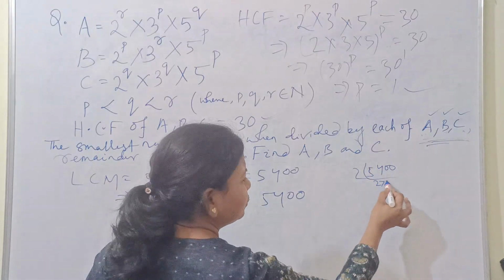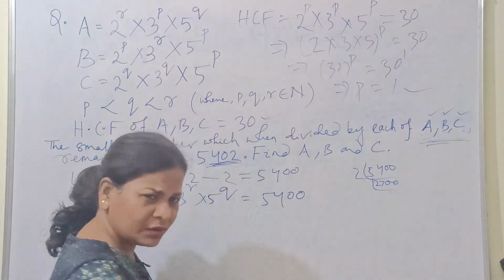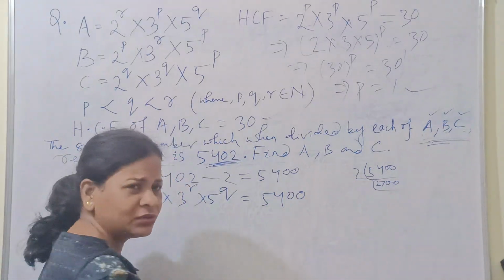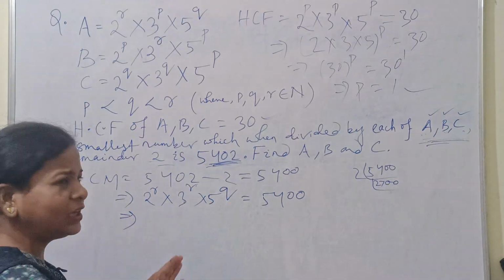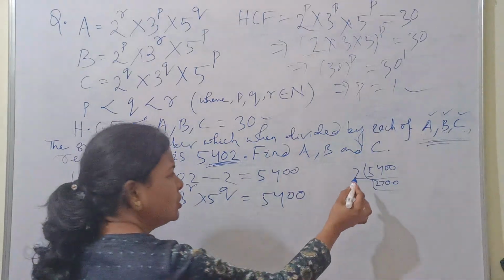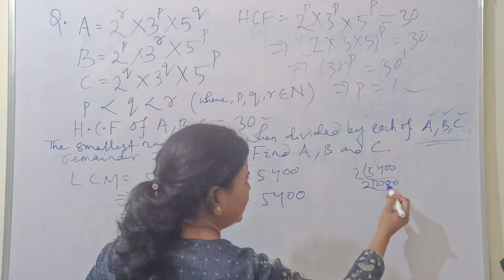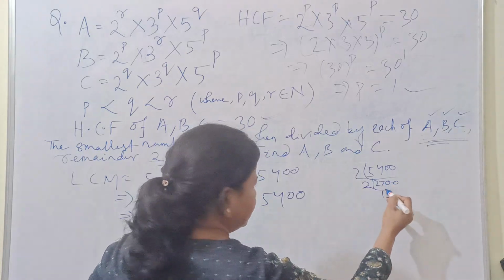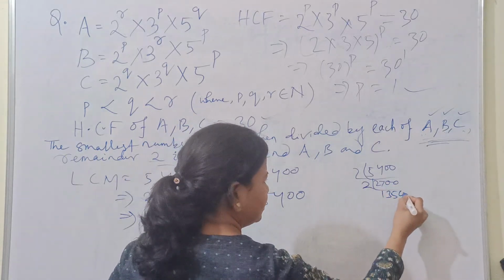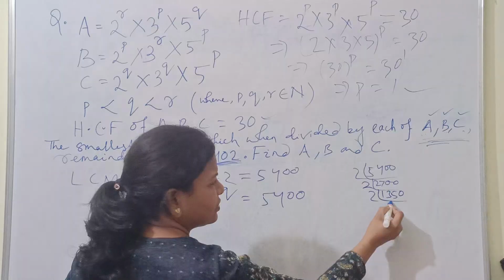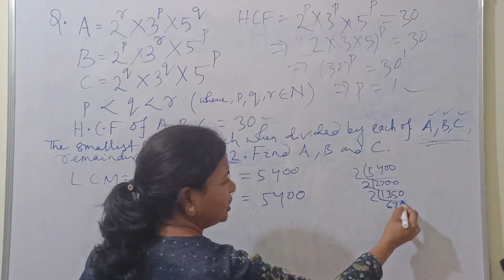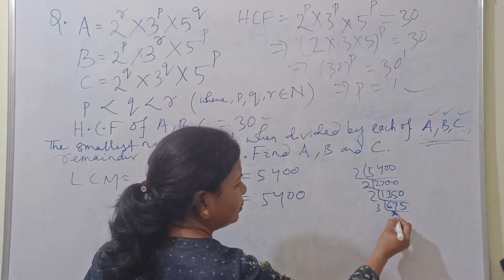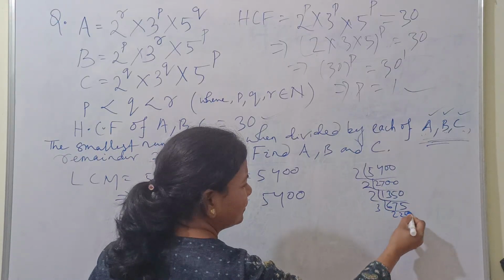So we would be able to get the powers of 2, 3 and 5. Because in what way 5400 gives us, in that way only it will be found out. So 2, 2700, then 2, 1350, 2 6 are 12, 2 7 are 14, 2 5 are 10. Further we will do 3. 3 2s are 6, 3 5s are 15.